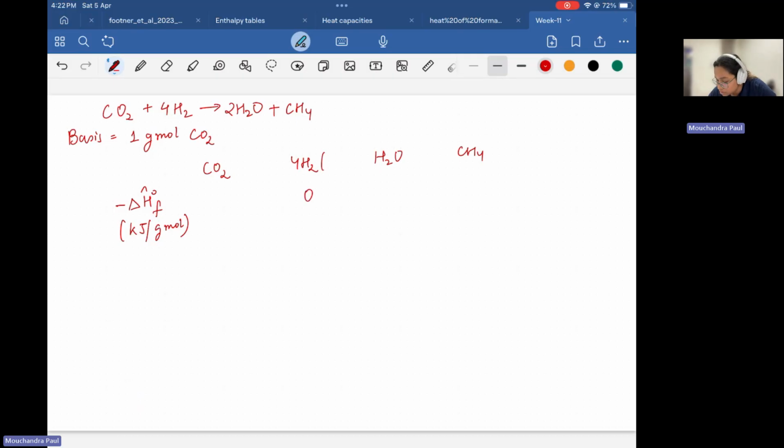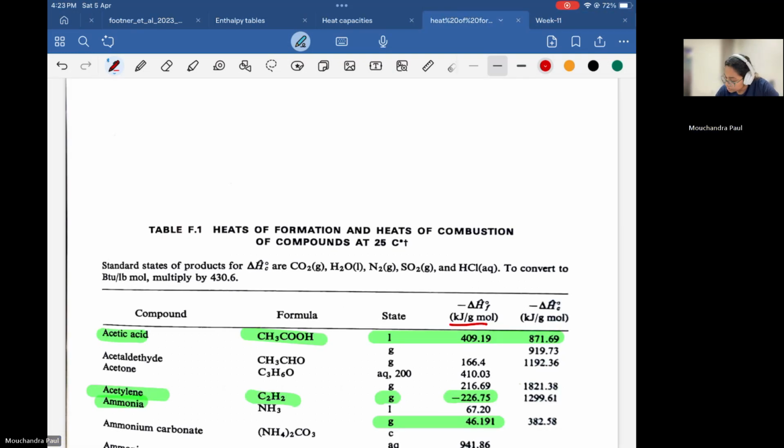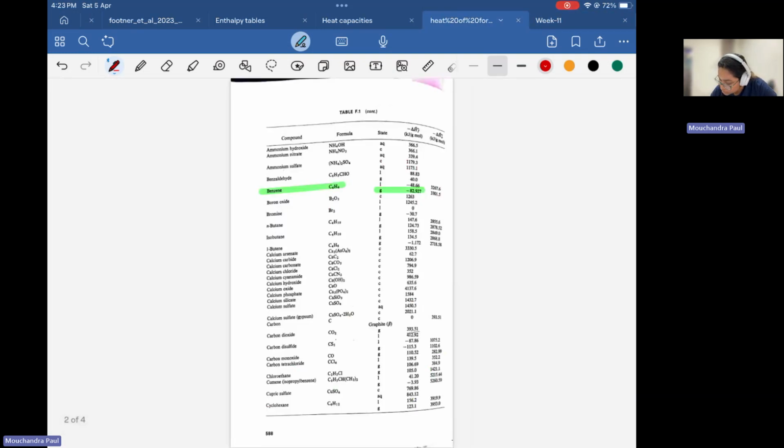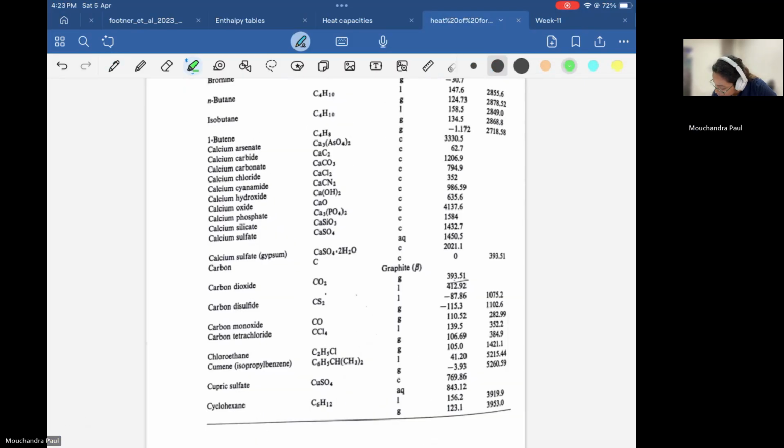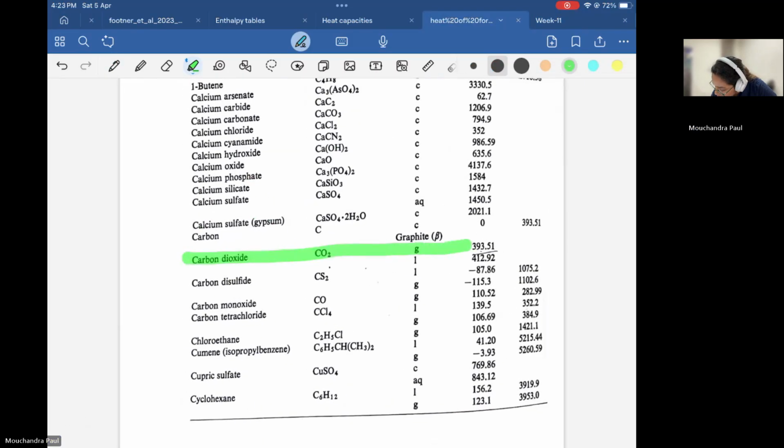All right. Water is in gas form. Methane is also in gas form. CO2 is also in gas form. So for CO2, the heat of formation is 393.51.